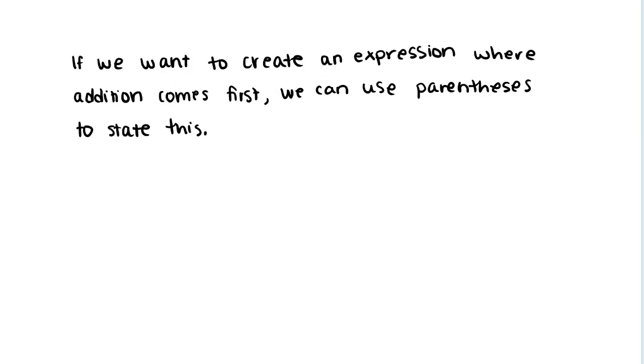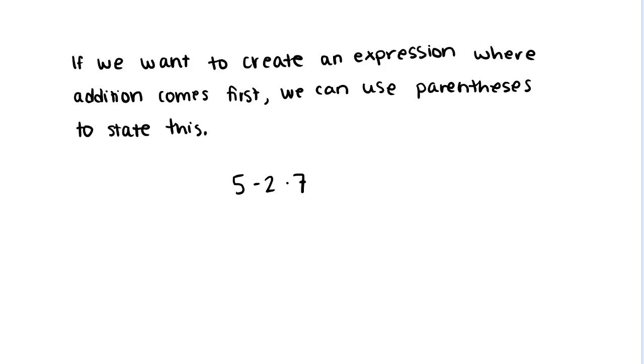So if you're ever creating an expression and you want to perform addition or subtraction first in that expression, we can use parentheses to explicitly state this. Let's say I have 5 minus 2 times 7. Normally 2 times 7 would occur before the subtraction, so we would get 14, and then we'd have to take that away from 5.